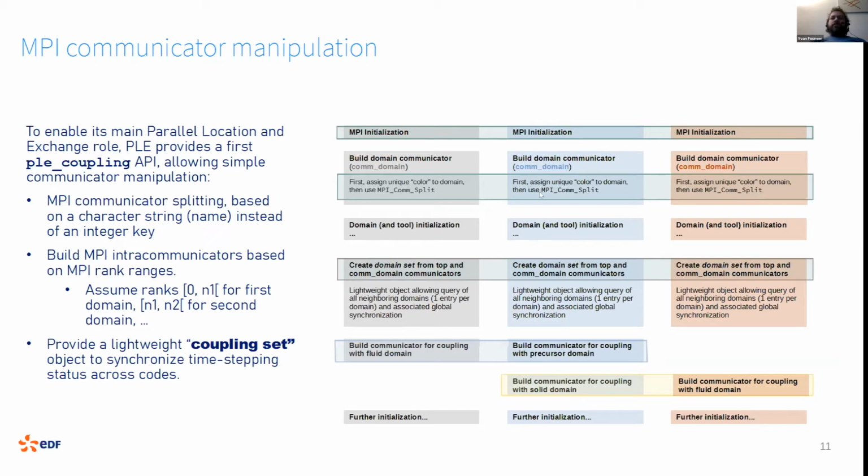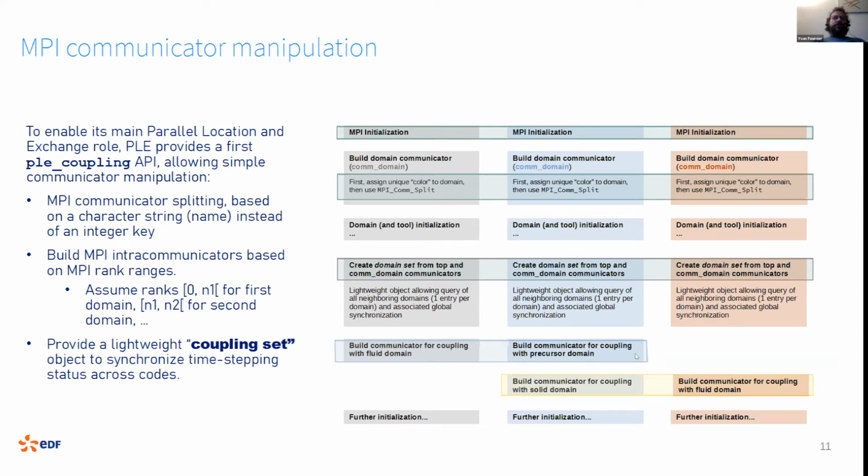And then we'll create what we call a domains set, which is an object which can query different domains, and then we'll build communicators between each pair of each coupling. Basically, if code A sees code B and code B sees code A, they'll each have a separate communicator.